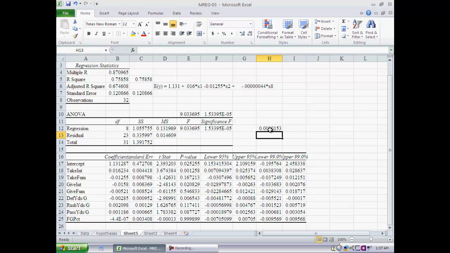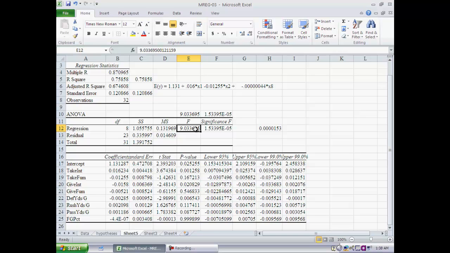It's saying that if the null were true as an equality, if there was really no relationship between these 8 independent variables collectively and the dependent variable, then there is only a 0.000015 probability of getting an F ratio of 9.03 or higher. In other words, it's highly unlikely that this ratio would have shown up in the sample by chance if the null were true as an equality, meaning all the slopes are 0.